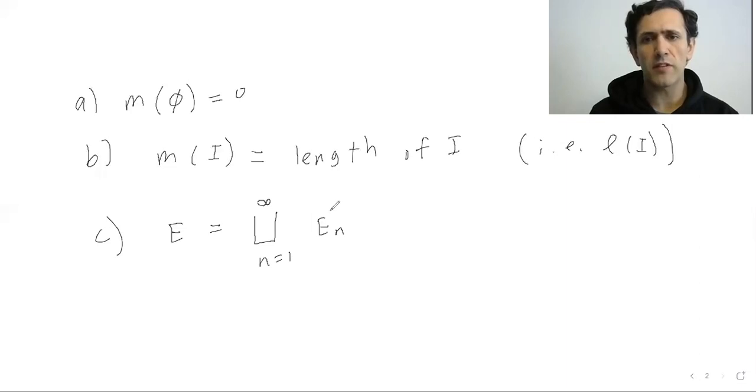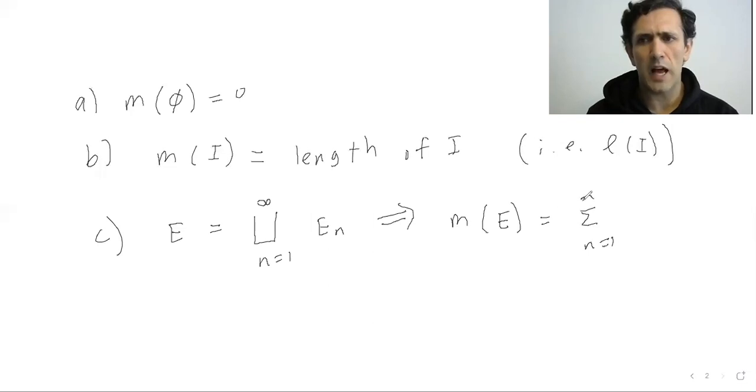So if we have E as the countable disjoint union of subsets of the real line En, then intuitively the size or the length of E should just be the sum of the sizes or the lengths of En.